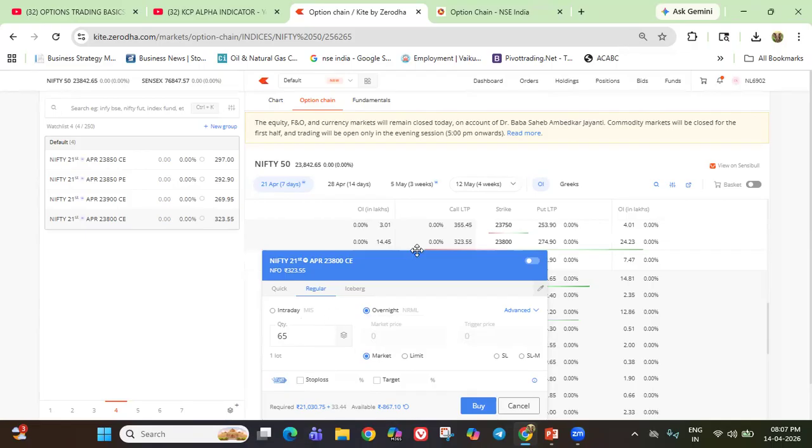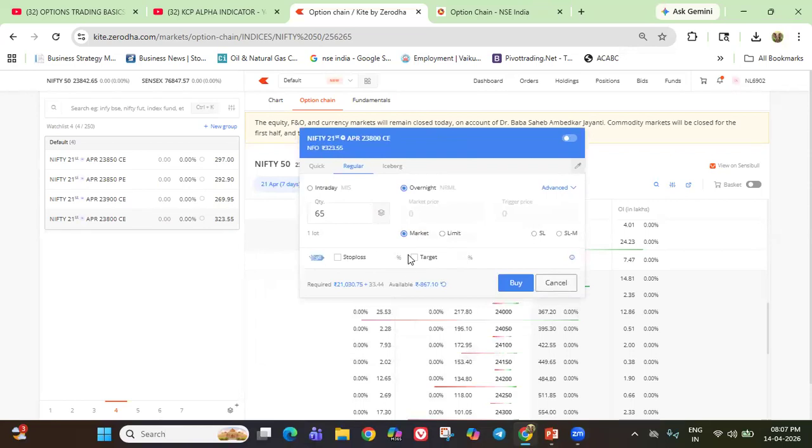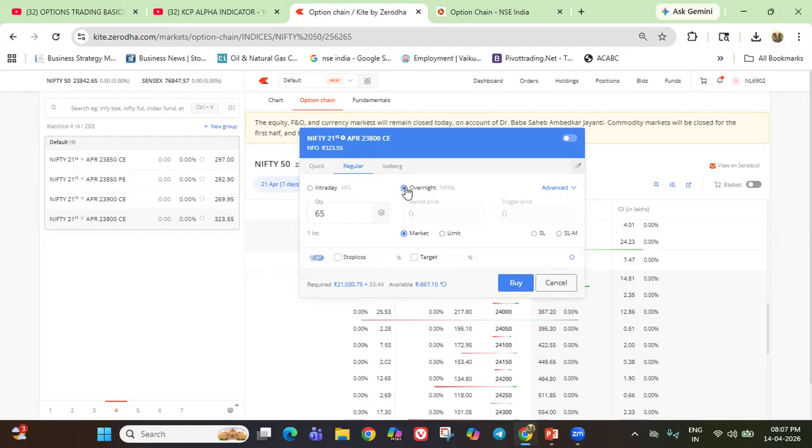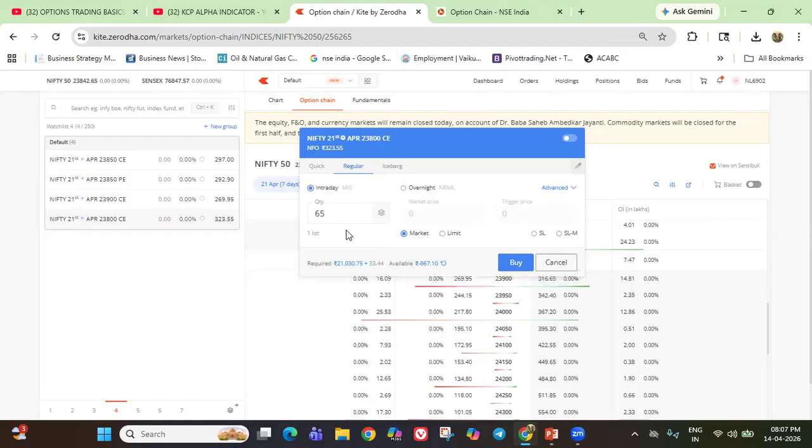If you want to carry forward, again you select here. If you buy one lot of Nifty, for example, today the market is closed, so that's why it's not entering. If you enter here, the money needed is around 21,000. Similarly, if you go for intraday, it will be closed within 9:15 to 3:25.